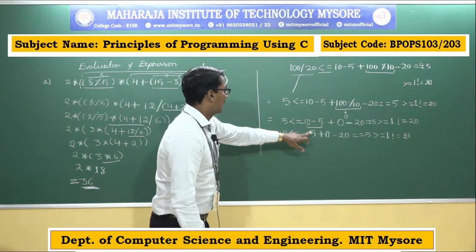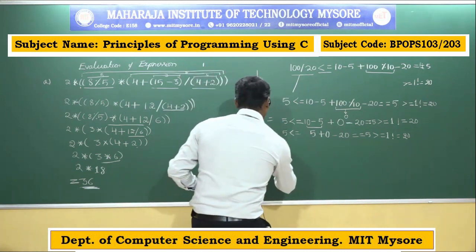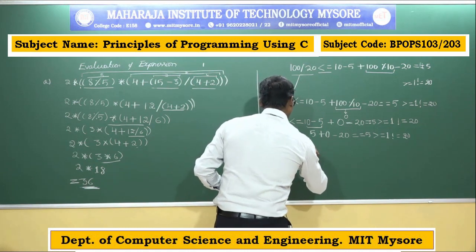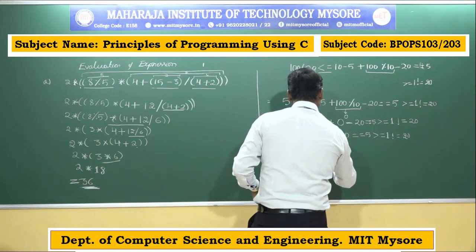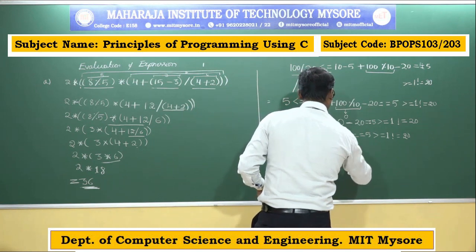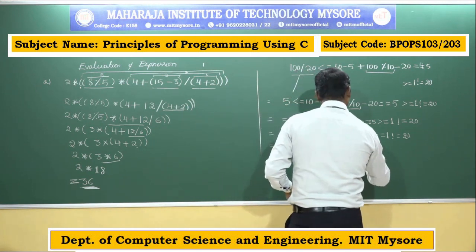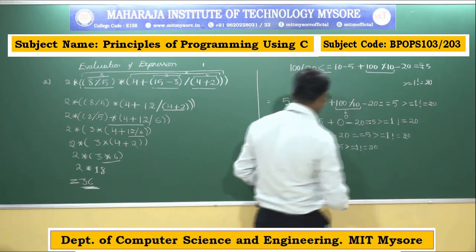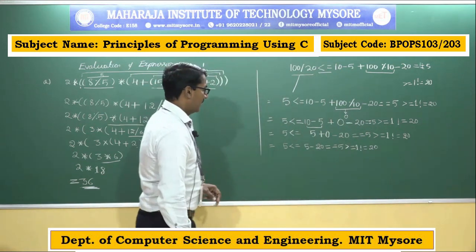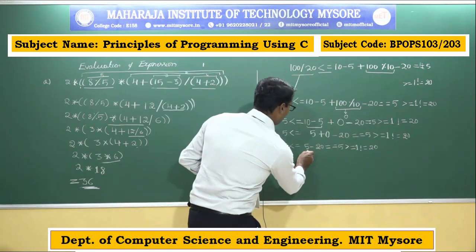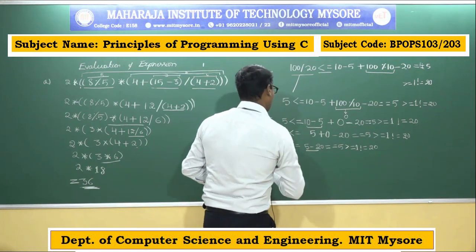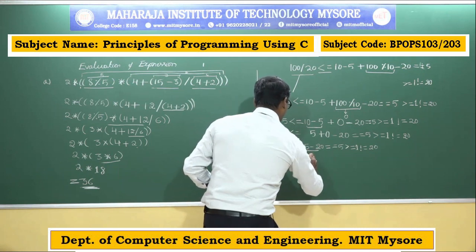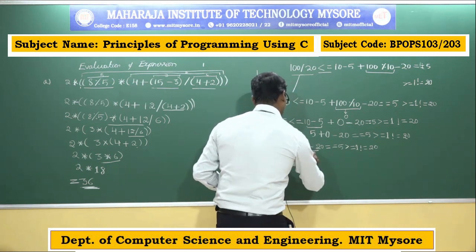Next is 5 plus 0, so 5 <= 5 plus 0 is 5, minus 20 == 5 >= 1 != 20. Here one more arithmetic expression, that is 5 minus 20, so 5 <= 5 minus 20 means minus 15.